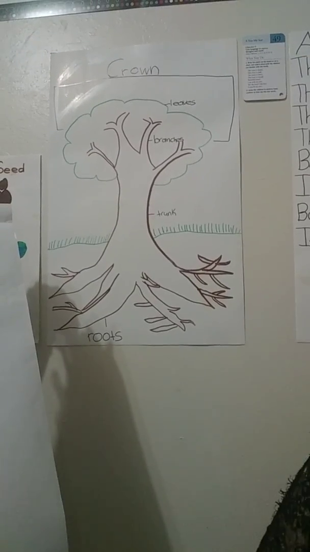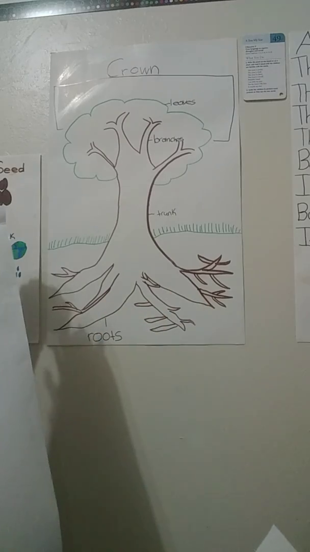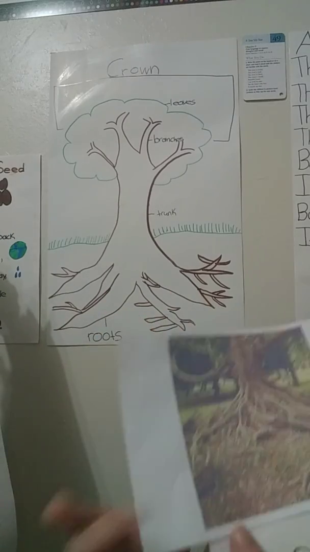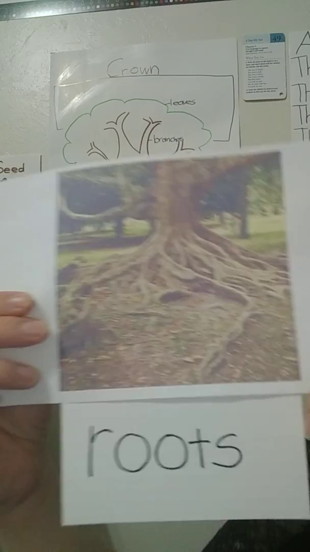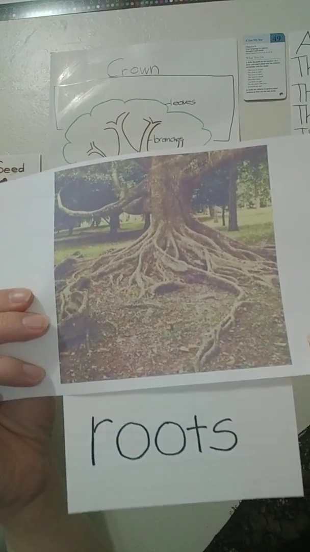All right. So now we're going to review our tree chart right here, okay? And I have some pictures that I printed out as well. As you see right here, these are the roots. Right here is a picture of a tree with its roots sticking out on the ground.